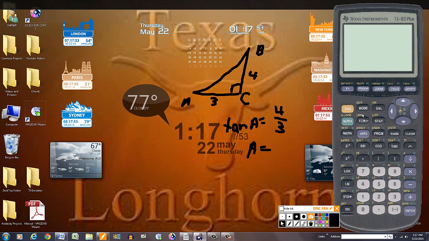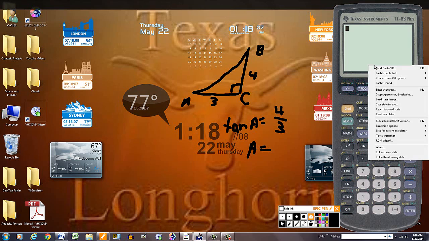Make sure the calculator is in degrees, so you go to mode, and that's what happens with these virtual calculators. Sometimes you have to reset them. So let me reset mine.